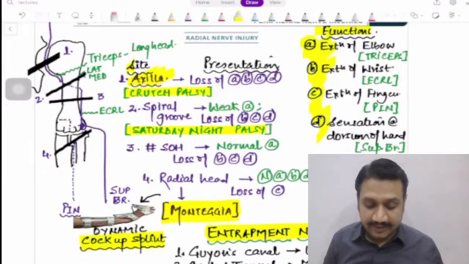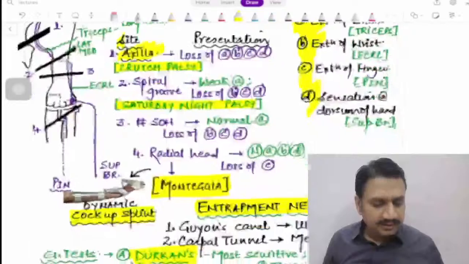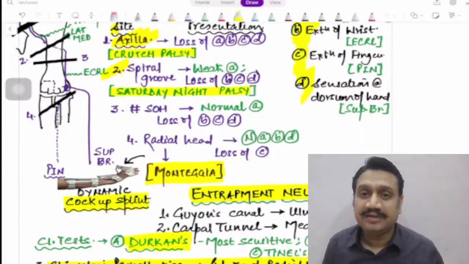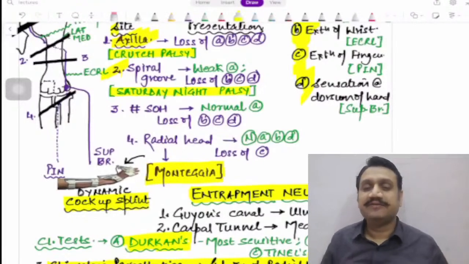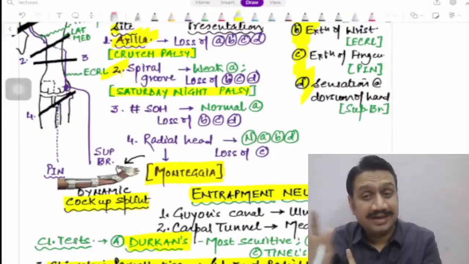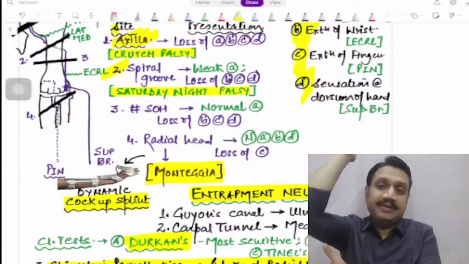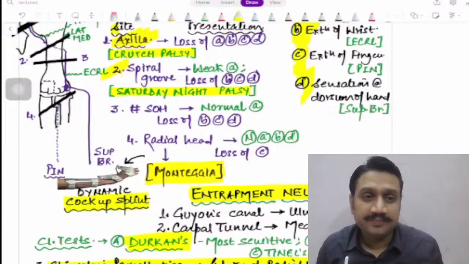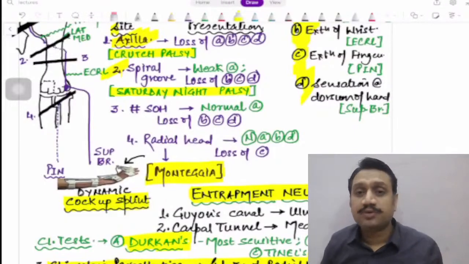Second is the spiral groove injury, basically called Saturday night palsy. In the axilla, all the action will be absolutely lost. In Saturday night palsy, the injury is in the spiral groove, so weak extension of the elbow is possible.